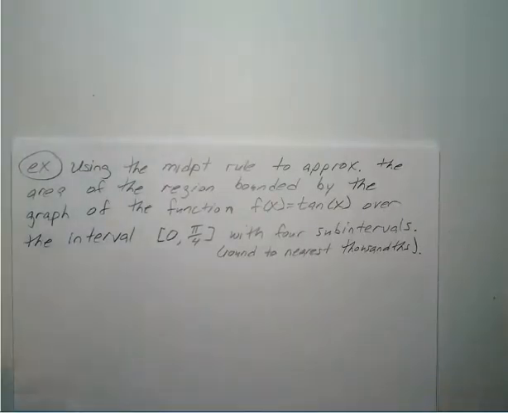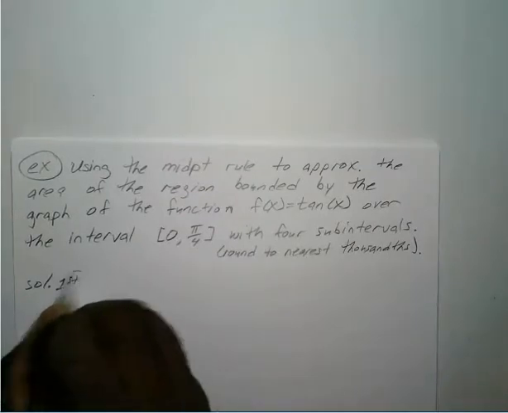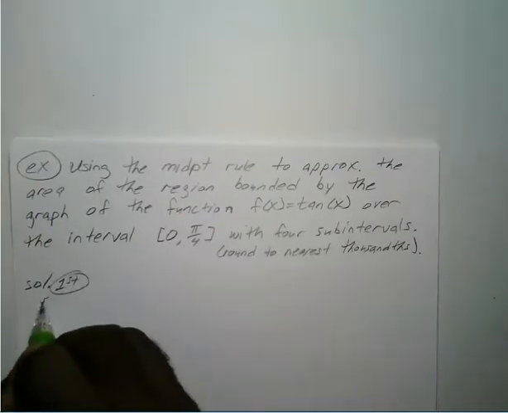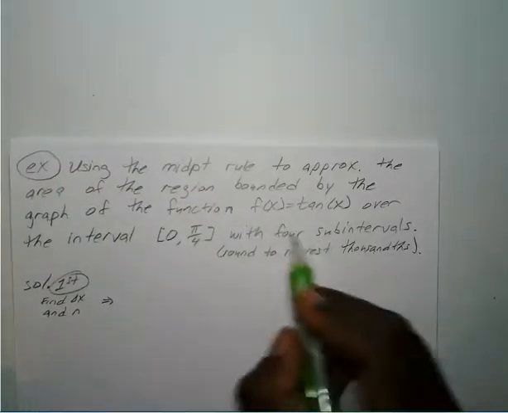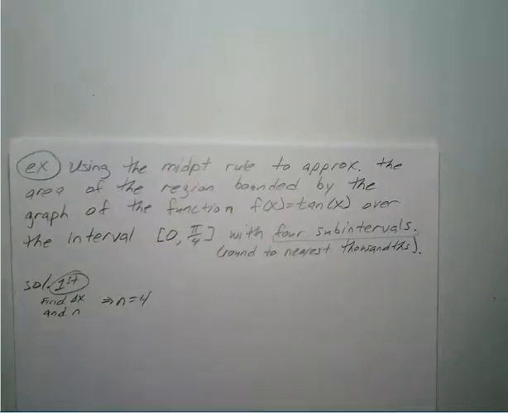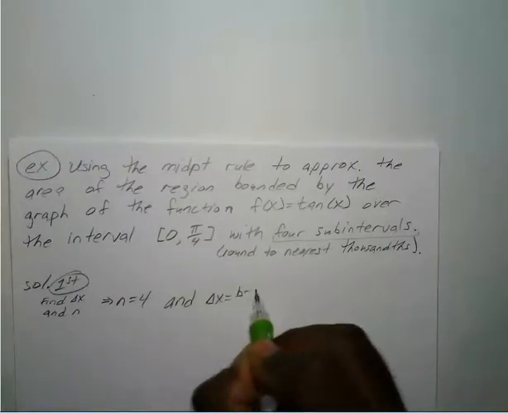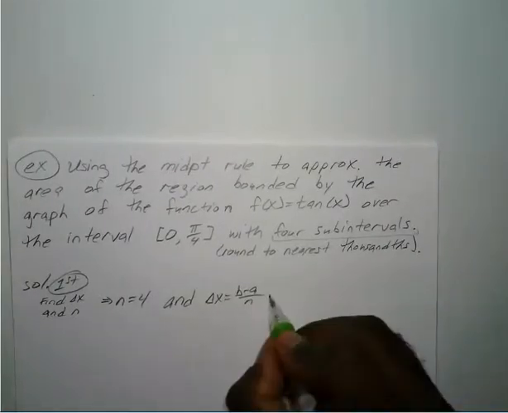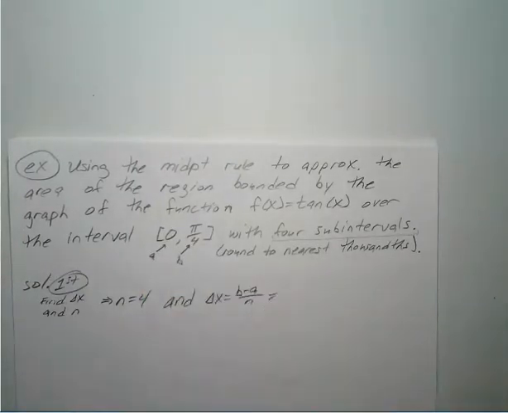All right, so we're going to start off with our first step, where we find delta x and n. We know we have 4 subintervals, so n is equal to 4, and delta x is equal to b minus a over n. We know this is our a, and this is our b.